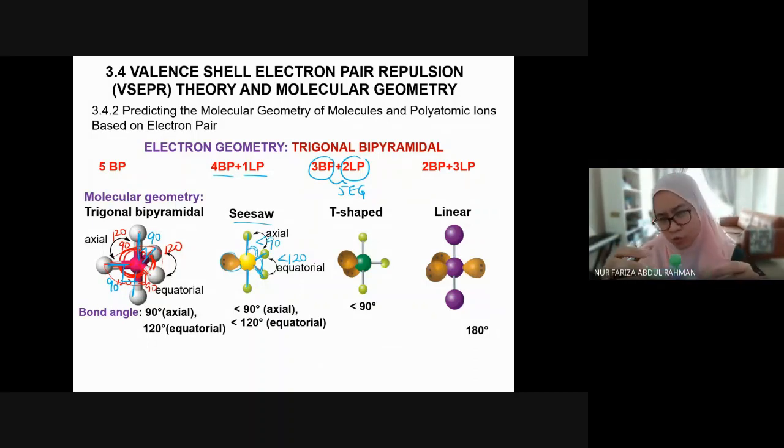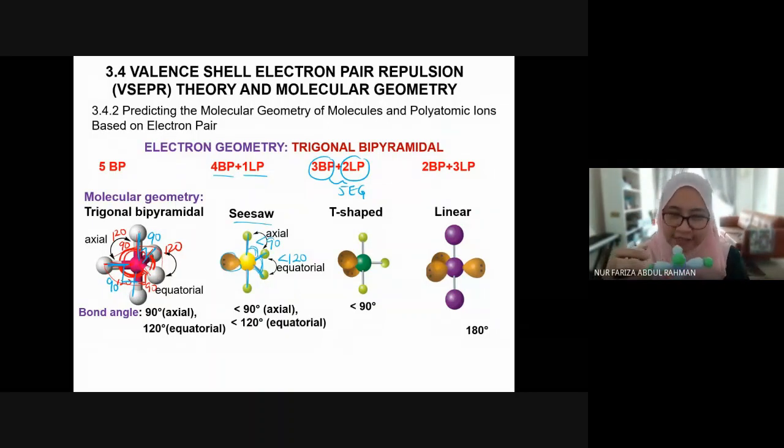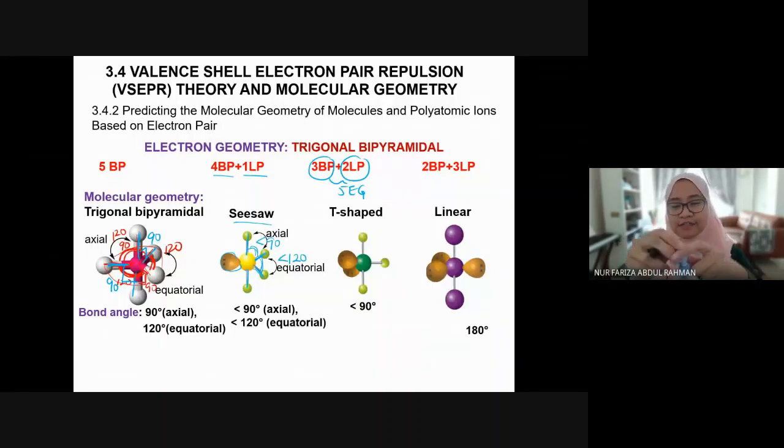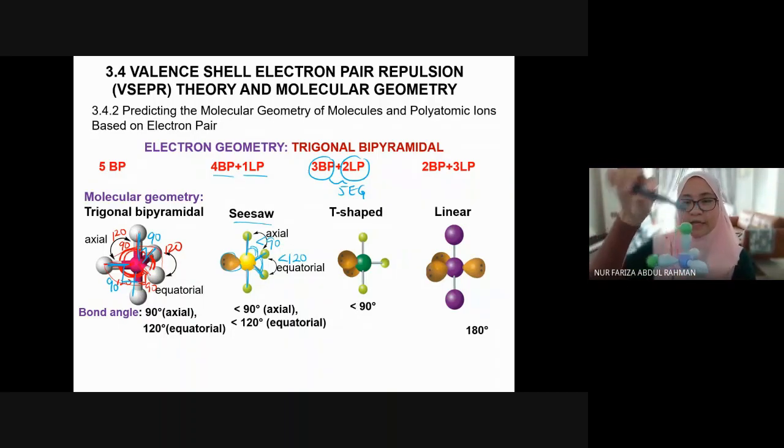Okay, so angle. Now we only have one atom at the equatorial position, which is this one, because the other two have become lone pairs. I'll draw it this way, because we started like this earlier.